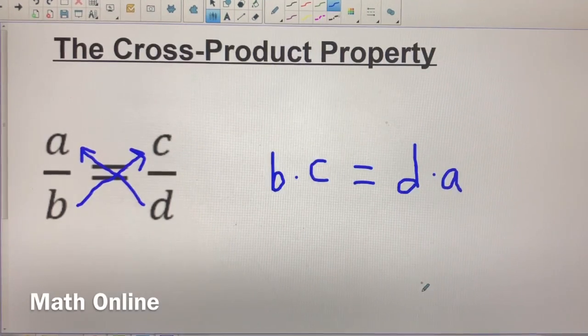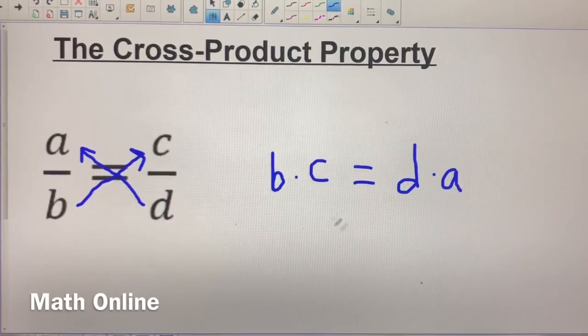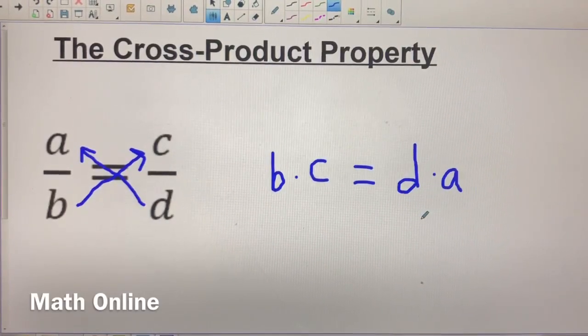As you can see, we had two fractions equal to each other. Now we have an equivalent equation, but with no fractions. That's going to make it a lot easier for us to find the missing value, the unknown variable. So that's how the cross product works. It helps us to get rid of those fractions. It makes our life easier.